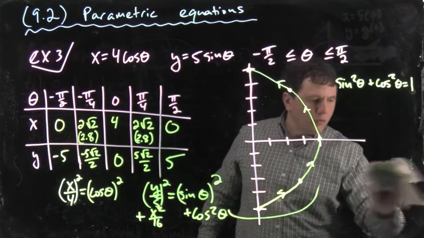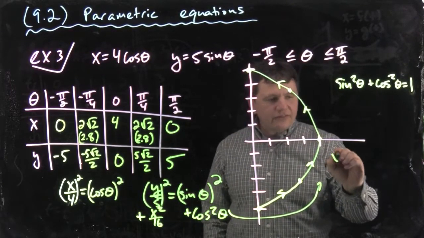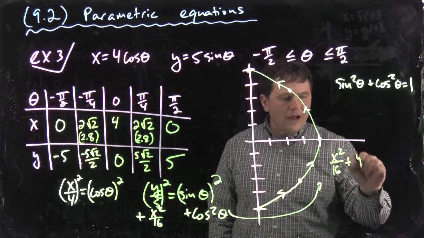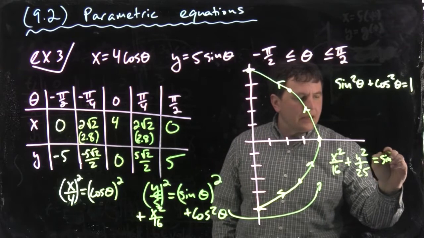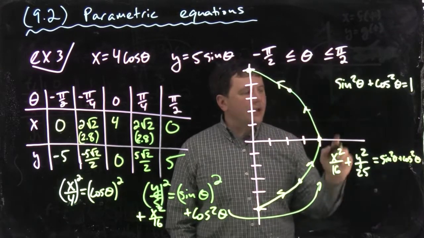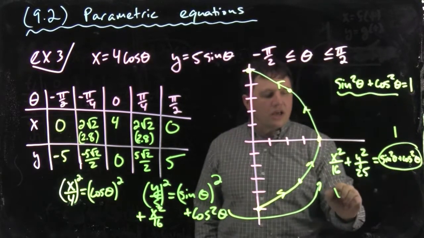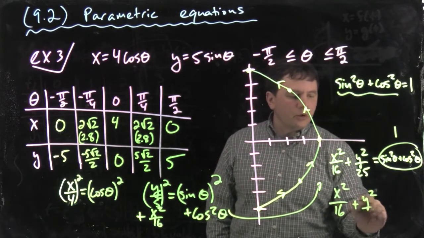Let's give myself more room here. So let's see, x squared over 16 plus y squared over 25 is equal to sine squared theta plus cosine squared theta. All right, but anyways, what's sine squared theta plus cosine squared theta? That's equal to 1. So now I have an equation that will give me all the possibilities.